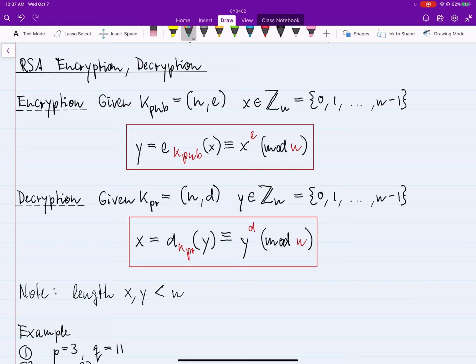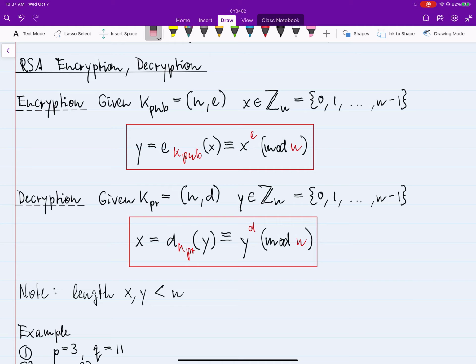So I jumped ahead already a little bit. You see that the decryption works the very same way as encryption, except that we use the private key, the d, for decryption. You see that up here, it's the exponent. But the way the plaintext is derived is the very same way we derive the ciphertext in encryption.